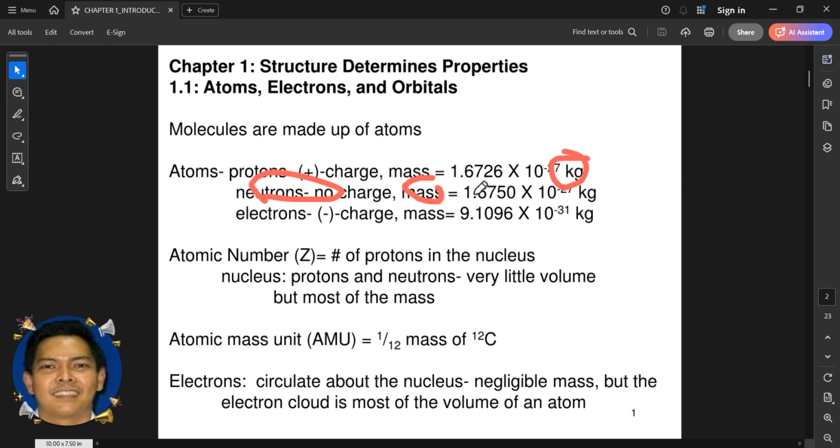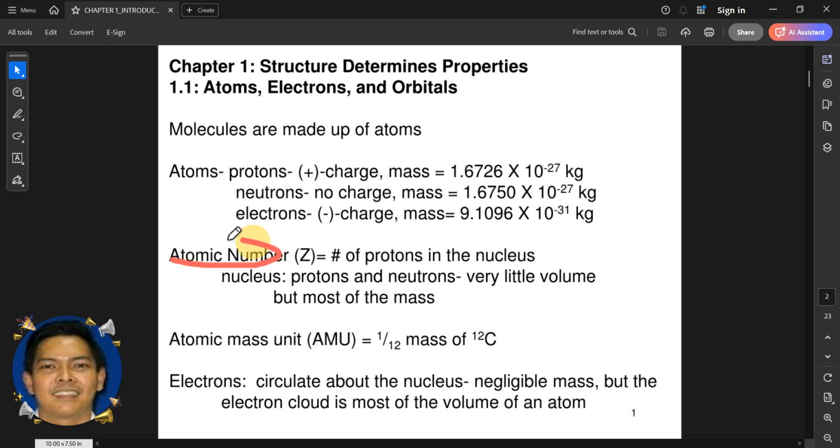Its mass is 1.6750 times 10 to the power of minus 27 kg, whereas electrons carry the negative charge, having a mass of 9.1096 times 10 to the power of minus 31 kilograms.